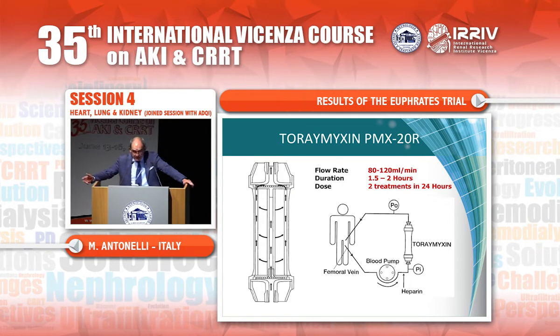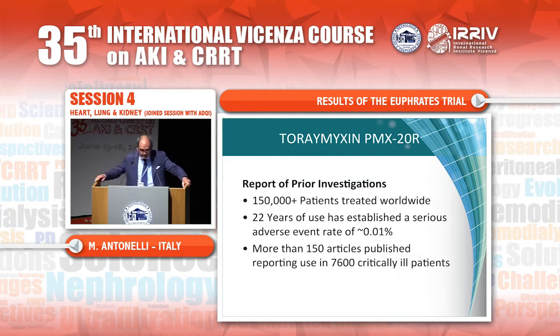We have an extracorporeal circulation that passes through the Toraymyxin filter, having a blood pump whose flow rate is in between 18 and 120 milliliters per minute. The duration of the treatment is roughly 2 hours, and the dose of the treatment consists of 2 treatments over 24 hours.